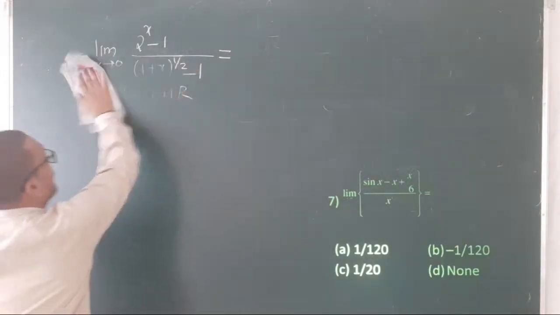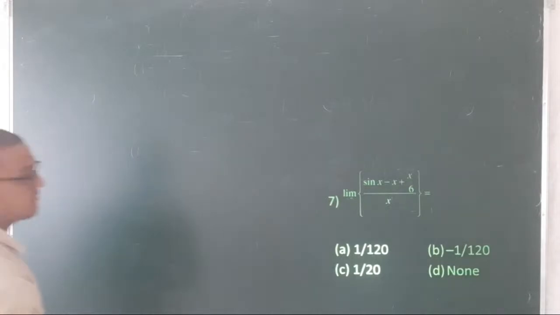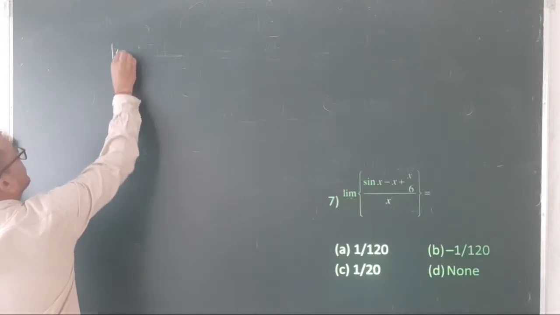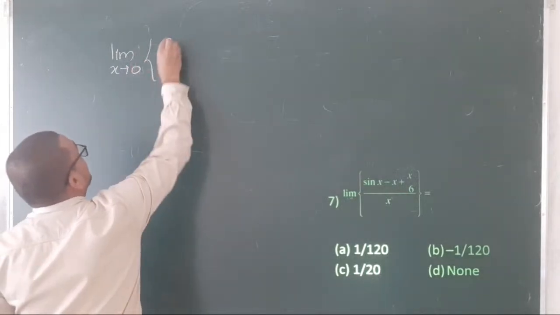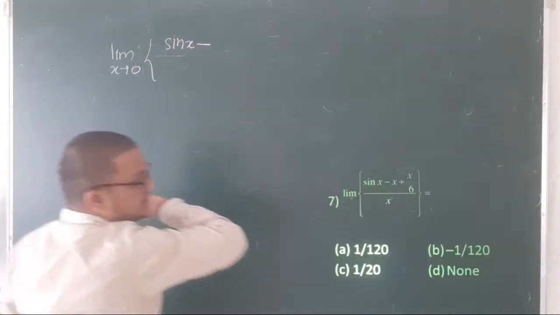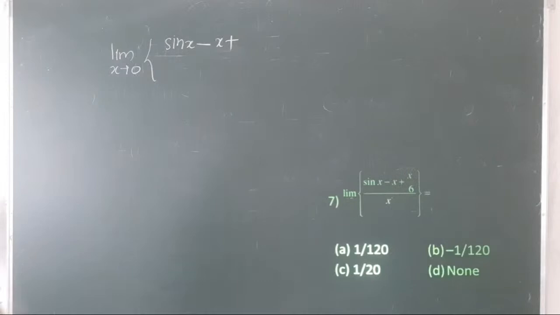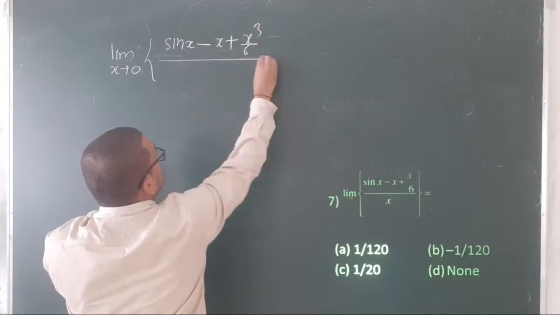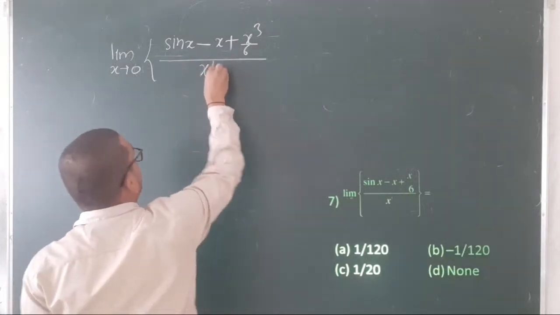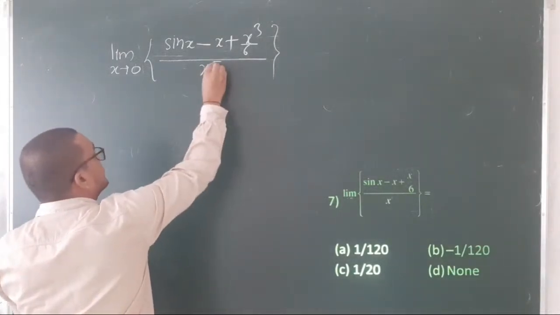Next we'll see limit x tends to 0, sin x minus x plus x cube upon 6, divided by x to the power 5.